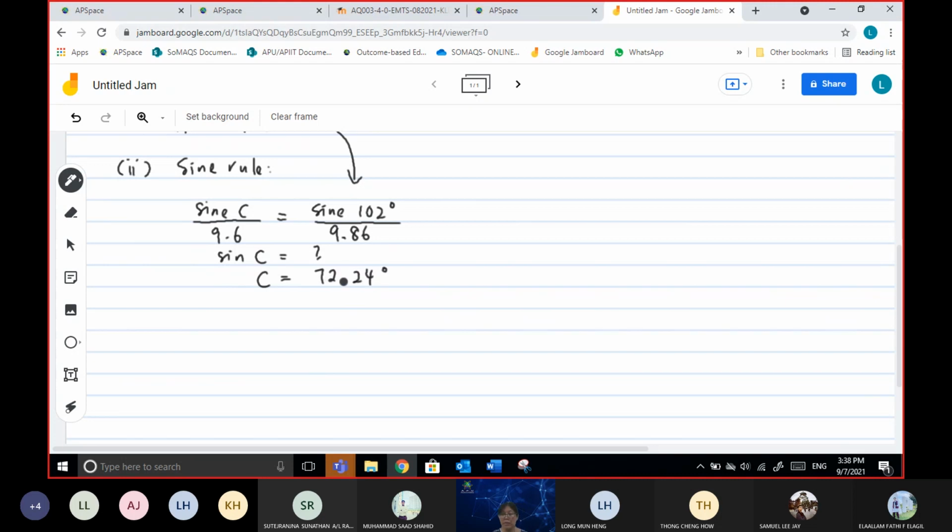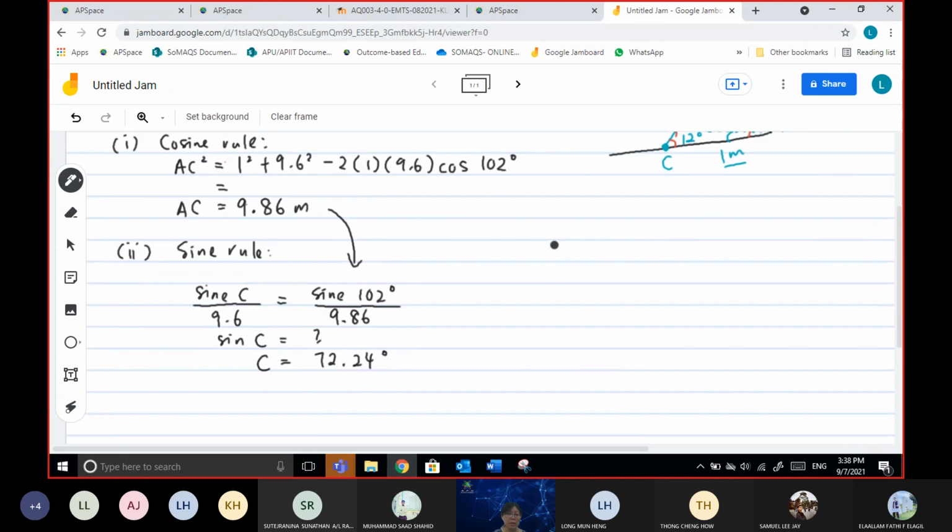Guys, can you see, when you did wrong for part 1, I will still give you some marks for the correct working. But those who assumed it is a right angle triangle, sorry, I can't give marks for that.